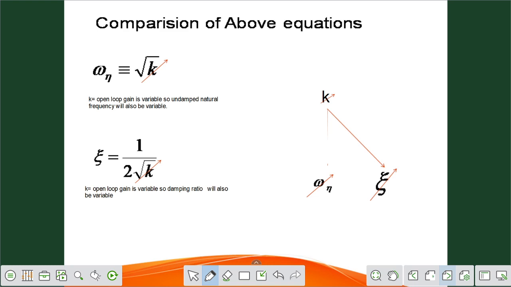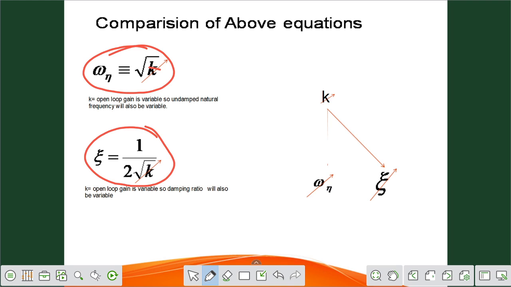If I want to calculate, then omega n is equal to under root K, and zeta is equal to 1 upon 2 under root K. I can see here there is an important conclusion. What is that important conclusion? I already told you what the root locus diagram is.